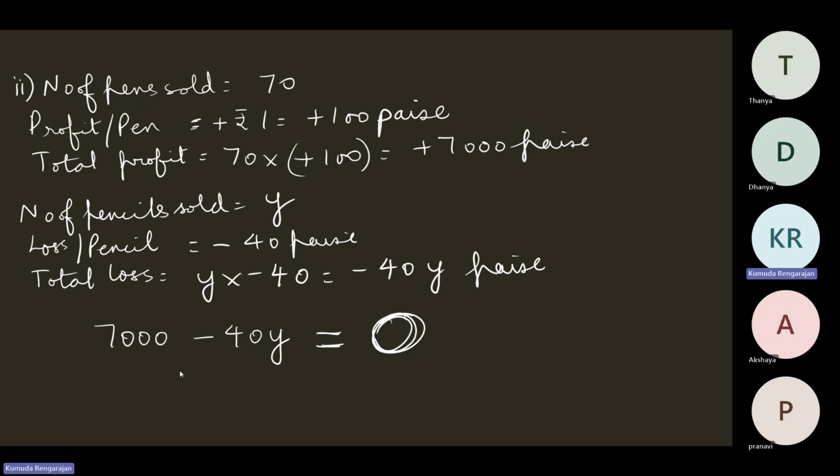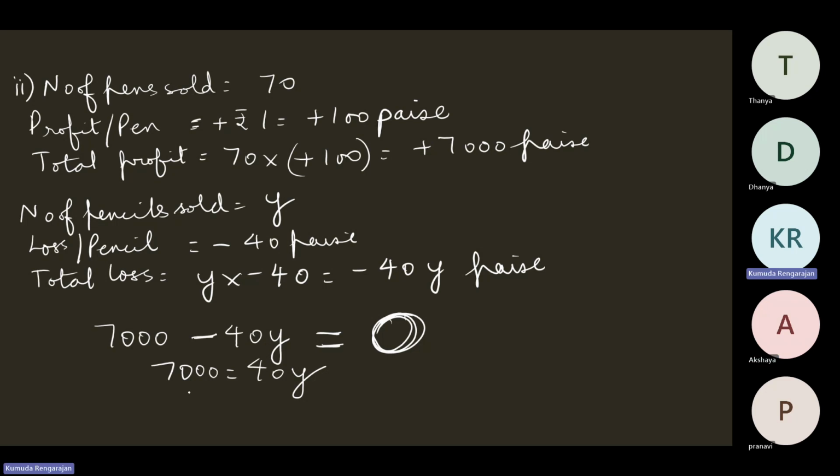Help me in transposing. Ma'am, if the minus 40 comes to the right side, minus 40y will become plus 40y. Then after that, 7,000 divided by 40, ma'am.